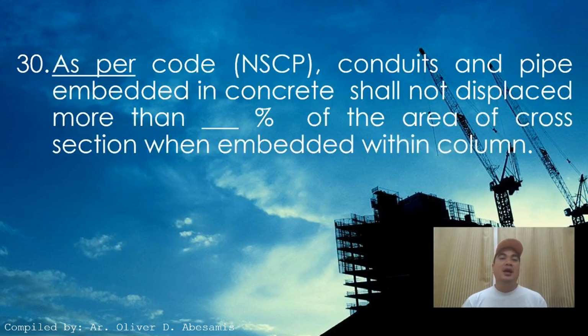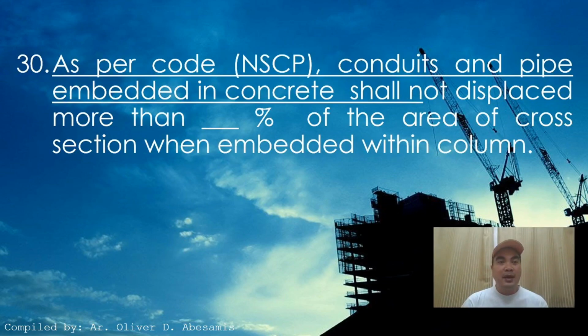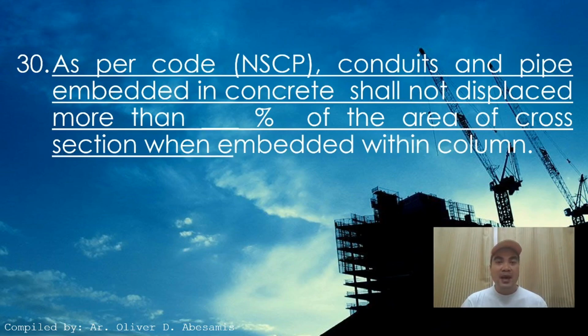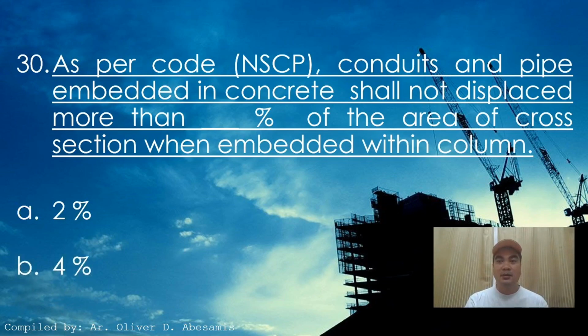Next, as per code NSCP, conduit and pipe embedded in concrete shall not displace more than blank percent of the area of cross-section when embedded within column. A. 2%. B. 4%. C. 6%.